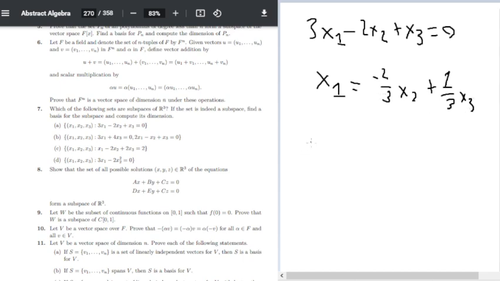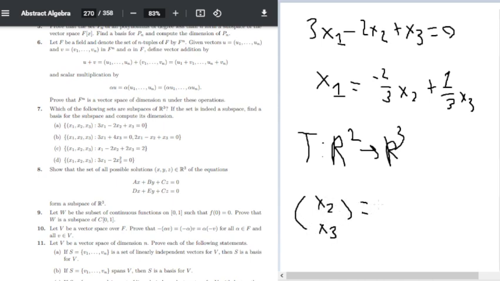So now let's define a transformation. I'm saying this now and I'm not going to prove it much because we're going to be proving it later. So T from R2 to R3 given by, here's some indicative notation, T(x2, x3) = (negative 2/3 x2 plus 1/3 x3, x2, x3).